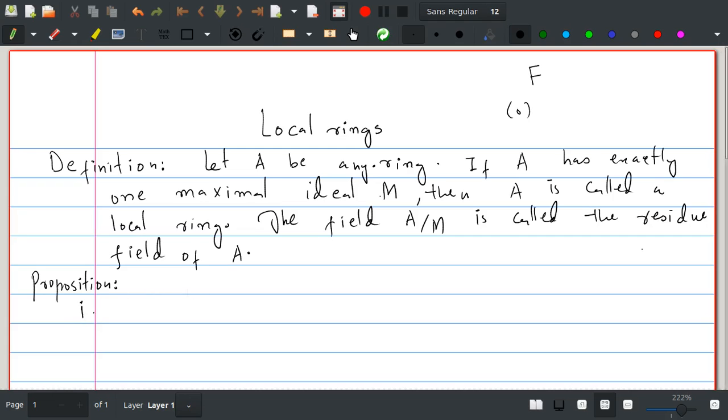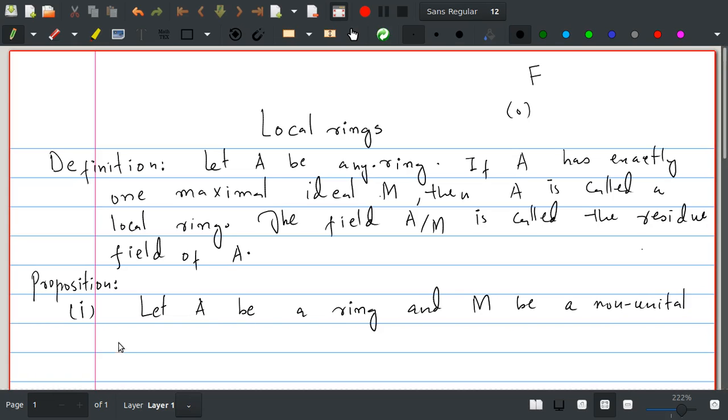It has two items. The first item: let A be a ring and M be a non-unital ideal in A such that every element which is inside A but not inside M, I mean an element inside the set A minus M, is a unit.